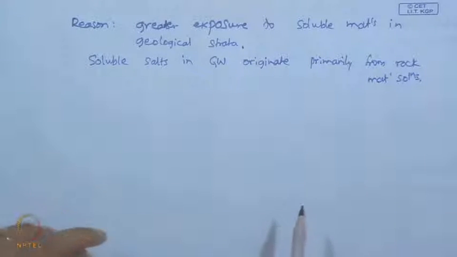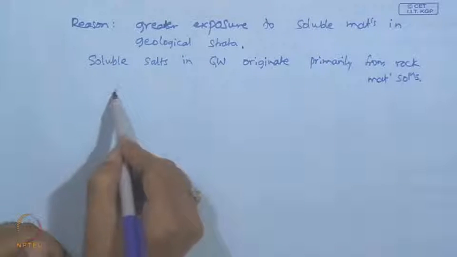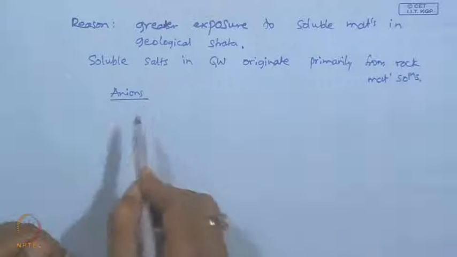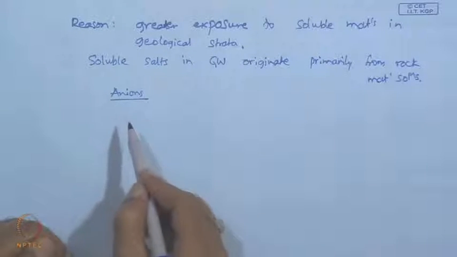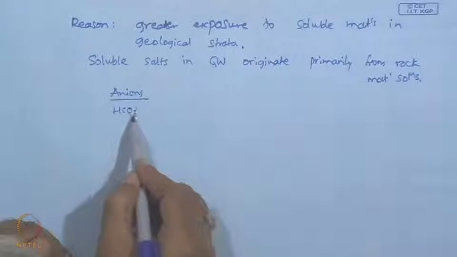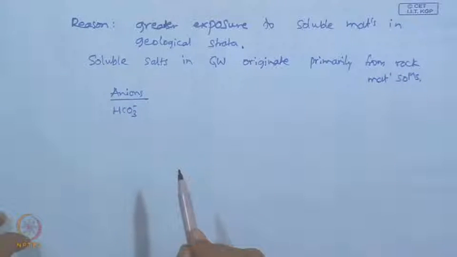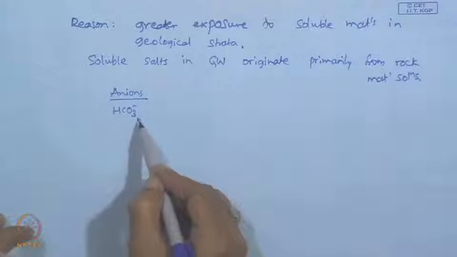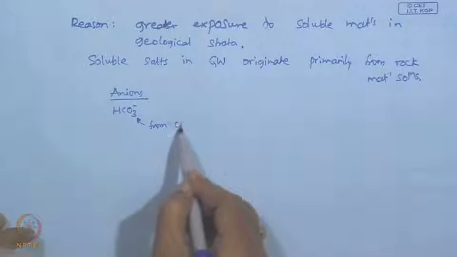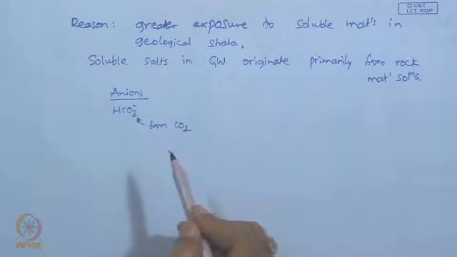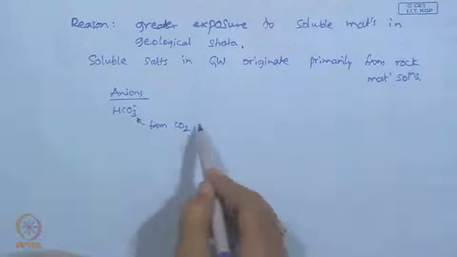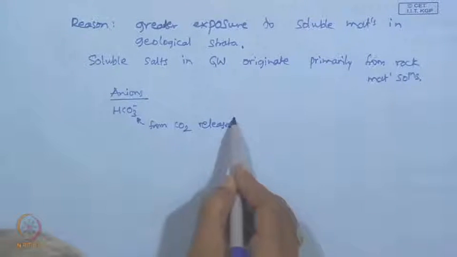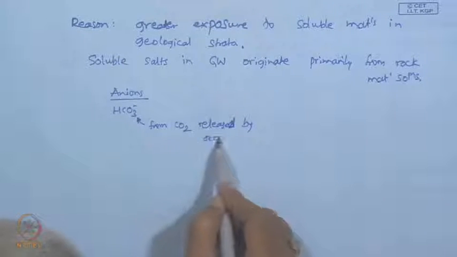And among the anions, the most common anions are bicarbonates, which are derived from CO2 released by organic decomposition.